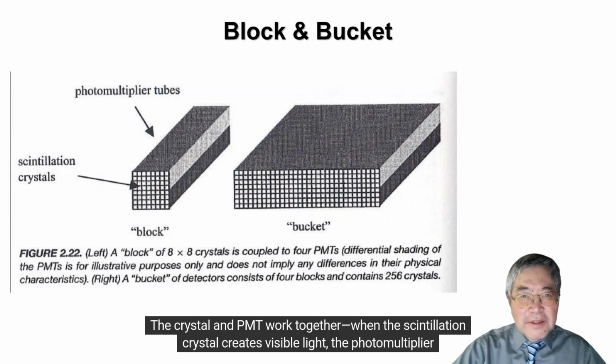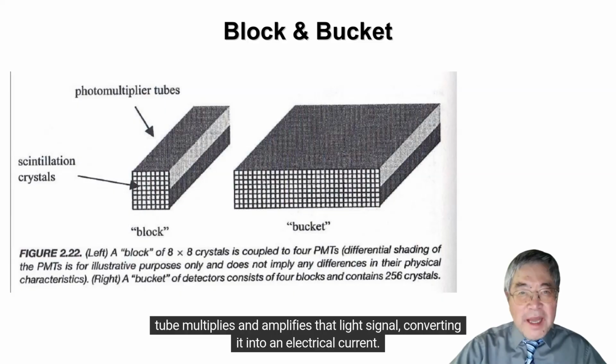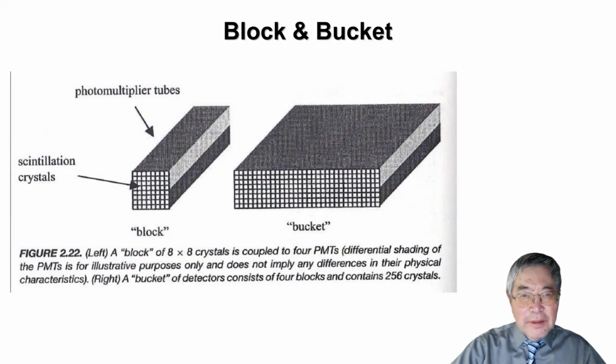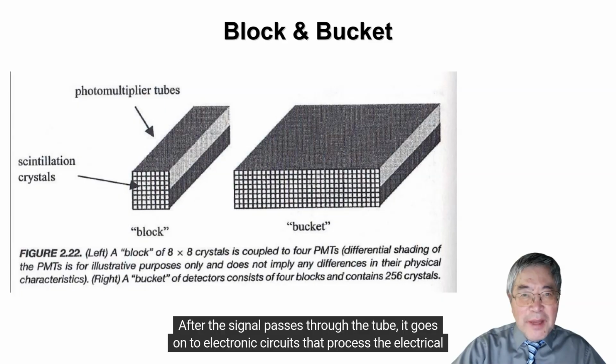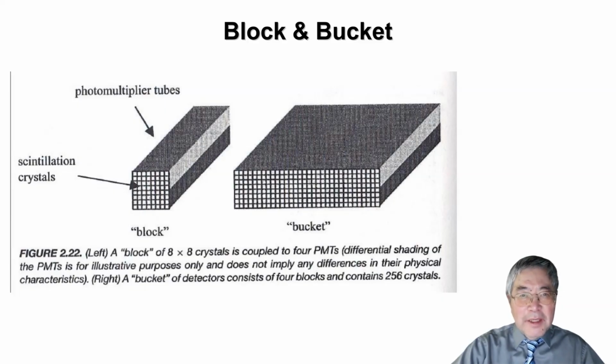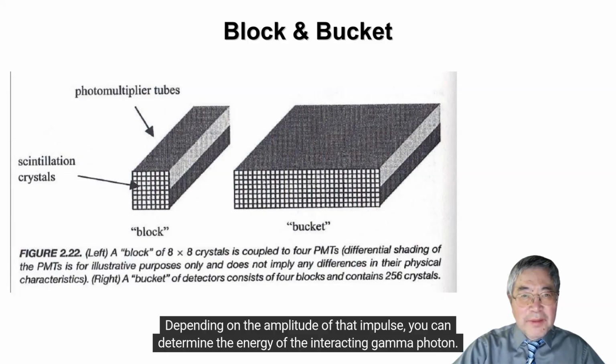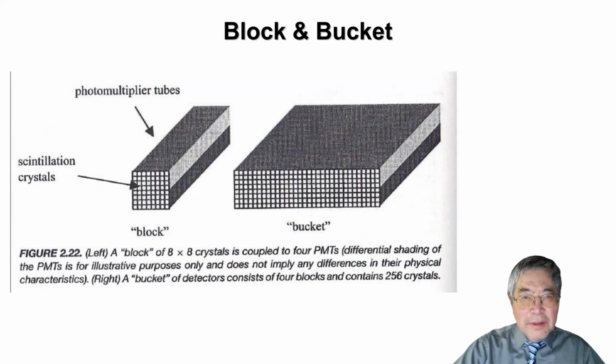When the scintillation crystal creates visible light, the photomultiplier tube multiplies and amplifies that light signal, converting it into an electrical current. After the signal passes through the tube, it goes on to electronic circuits that process the electrical impulse. Depending on the amplitude of that impulse, you can determine the energy of the interacting gamma photon.